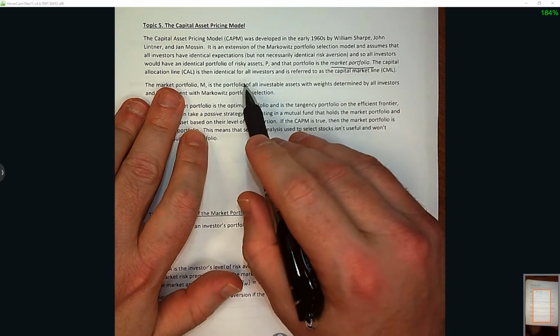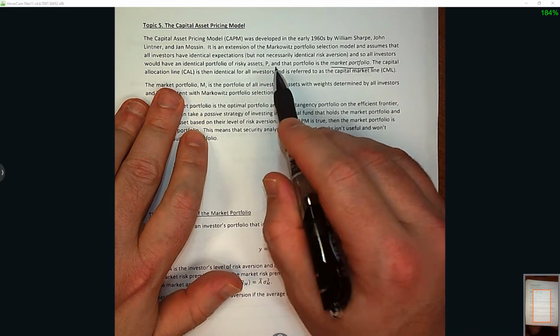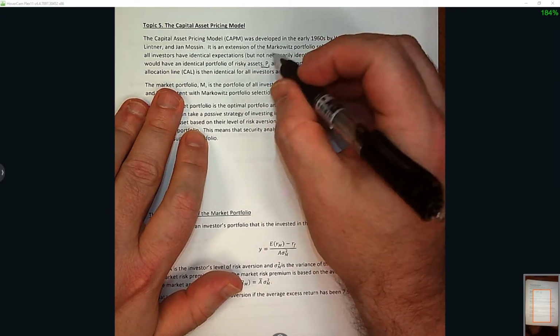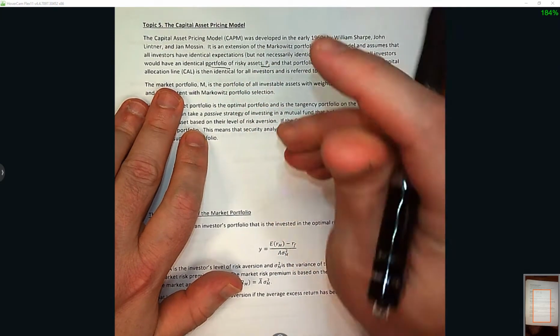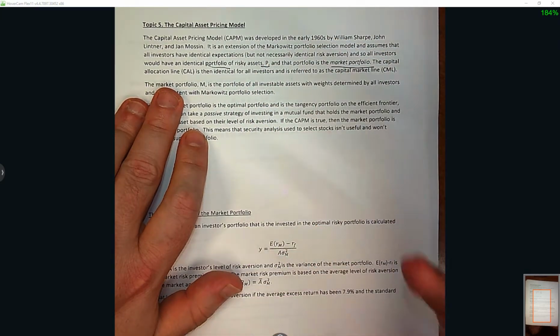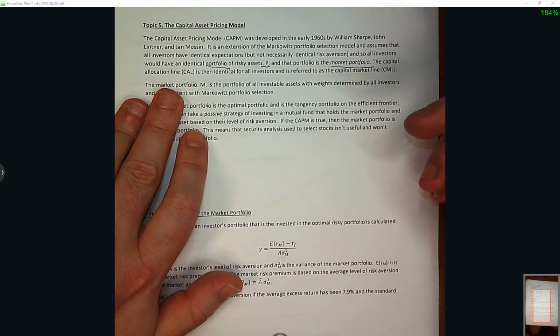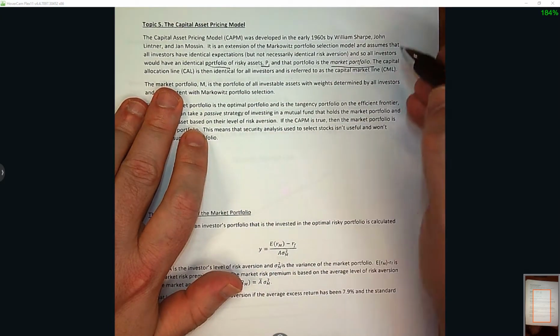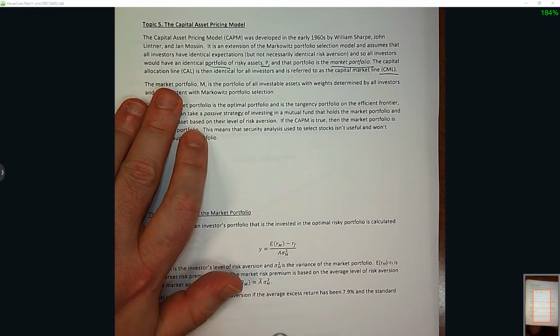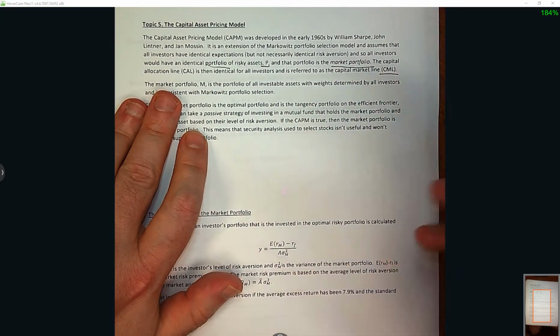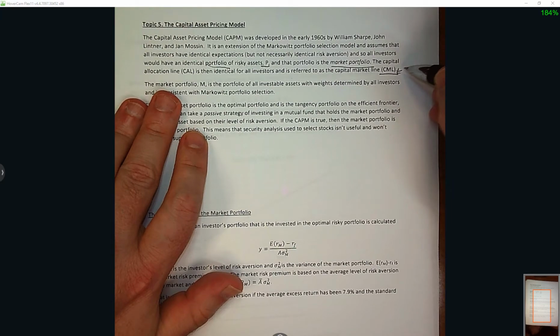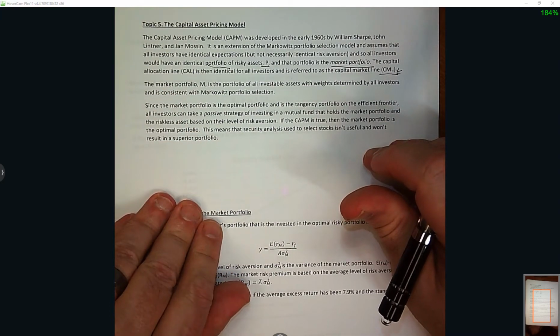Well, this line is going to be identical for all investors because they all have the same portfolio of risky assets, and that set of risky assets is the best set. It gives us the best risk-return relationship, and it's referred to as the capital market line. So that one capital allocation line that's true for all investors is referred to then as the capital market line.